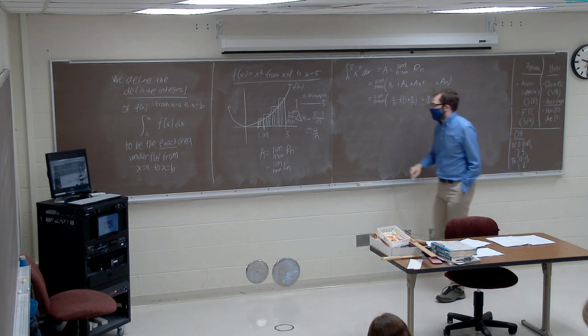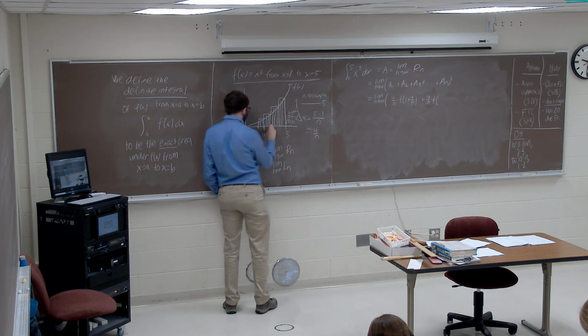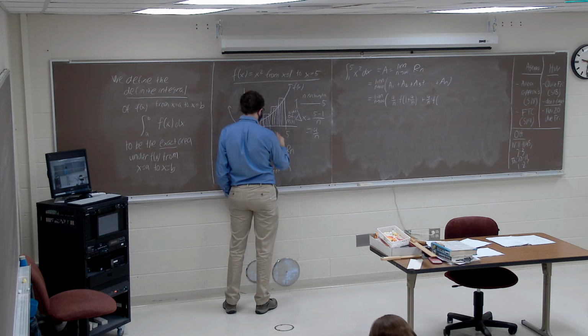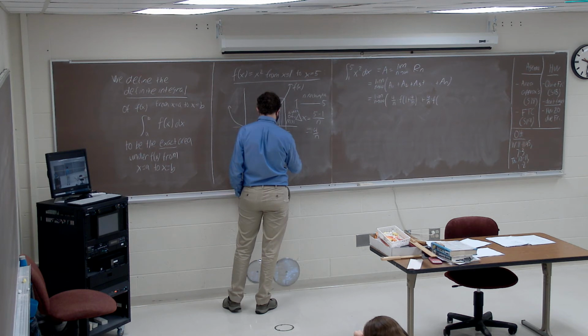of, oh, let's see. Our first rectangle goes from 1 to 1 plus 4 over n. Second rectangle is gonna go from 1 plus 4 over n to 1 plus 4 over n plus 4 over n, which is gonna be 1 plus 8 over n.